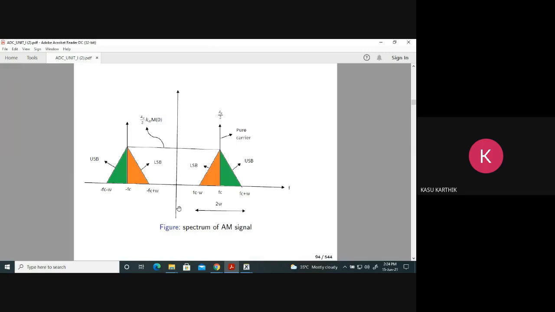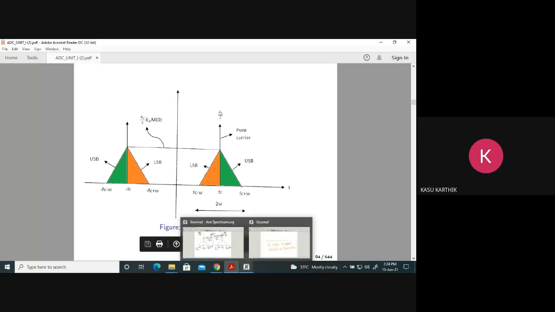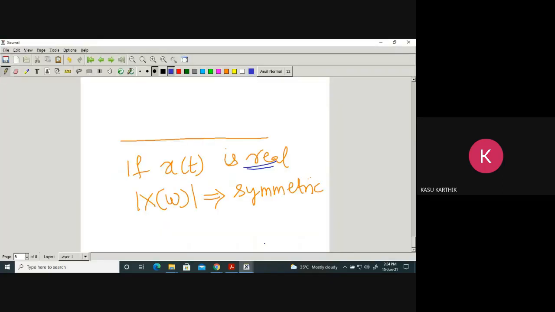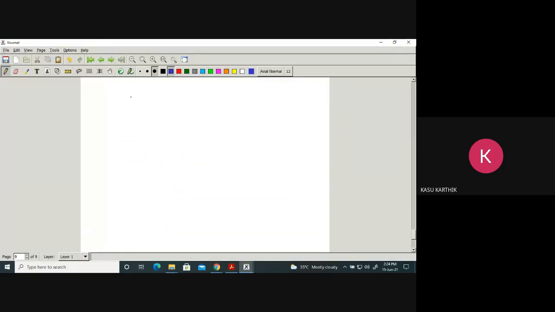Okay, and here we have some components. What is this impulse? This is nothing but a pure carrier. Pure carrier means a carrier which is not modulated. If you go back to the equation, what are you transmitting?